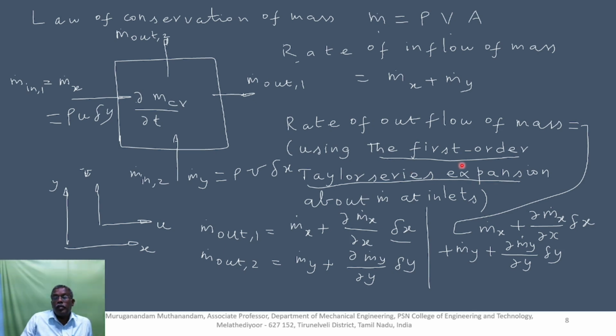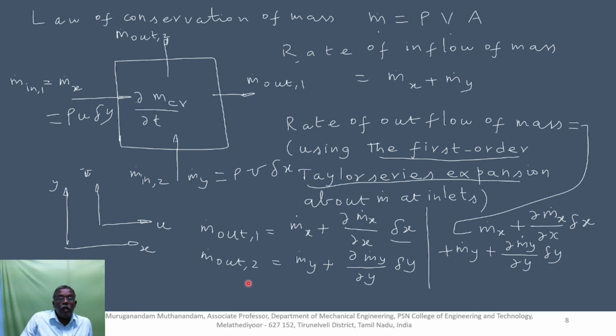Using the first order Taylor series expansion about the m dot inlet, m dot out along the horizontal direction can be written as the mass flow rate at the inlet plus the change of mass flow rate with respect to distance along the horizontal direction multiplied by delta x, that is the length of the control volume. M dot x plus partial m dot x upon partial x multiplied by delta x.